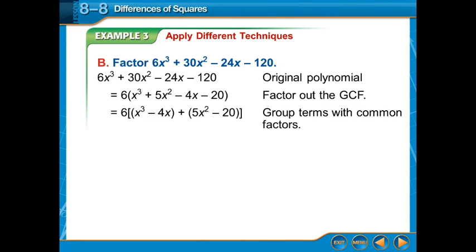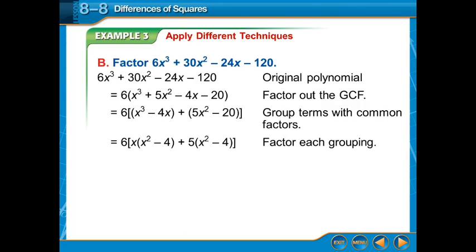And then we're going to group them. Notice how I moved them around to group them with common factors. I know that 20 is a multiple of 5, and that just fit a little bit better. And so I put the 4x with the x cubed because I'm trying to force out common factors. So I took an x out of the first term. That left me x squared minus 4.